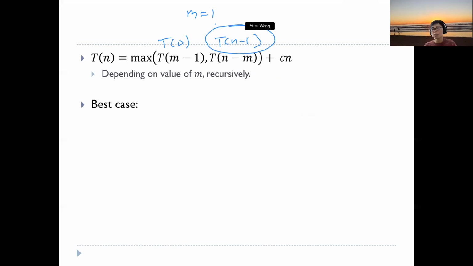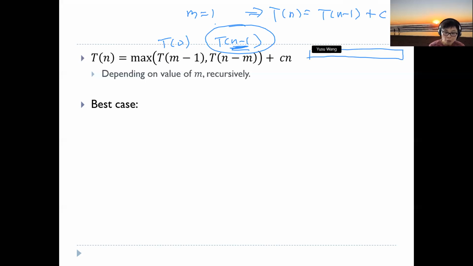So the time complexity is always an increasing function. The bigger the variable is, the bigger the time is. So if m equals 1, then we have that T of n equals T of n minus 1 plus cn. Okay, intuitively, what is happening? Intuitively, after the partitioning, your pivot is here.